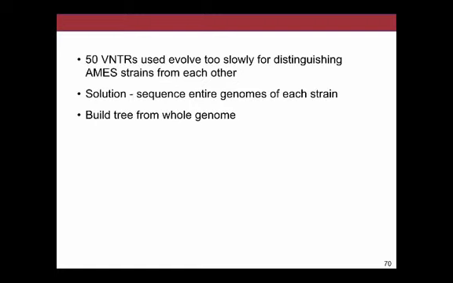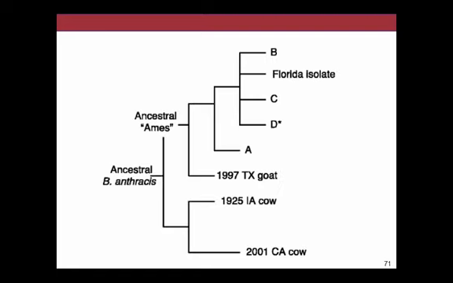So the institute that I worked at then got a grant to read the entire genome sequence of the anthrax strains from the letters and from different samples of the Ames strain that came from different laboratories around the world. And eventually the people who worked on this, colleagues of mine, built an evolutionary tree based upon the complete genome of strains of the Ames strain.